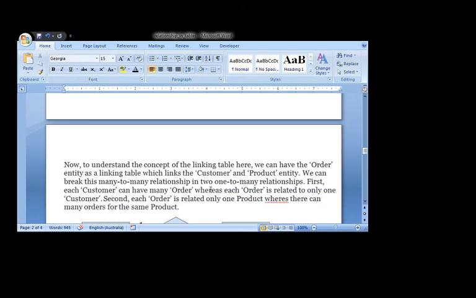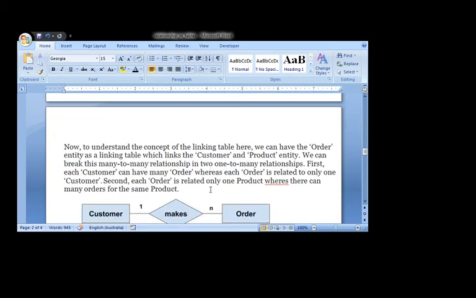Now to understand this concept, we have the order table, the linking table which links the customer and product tables. We can break this many to many relationship into one to many relationships.